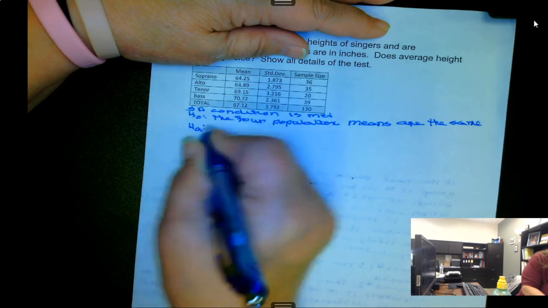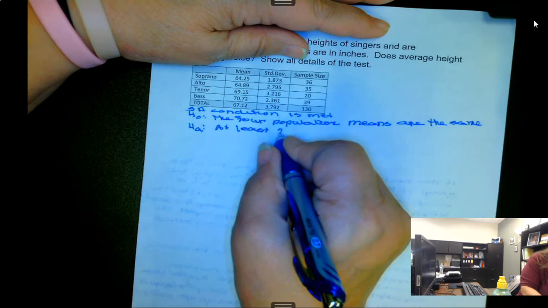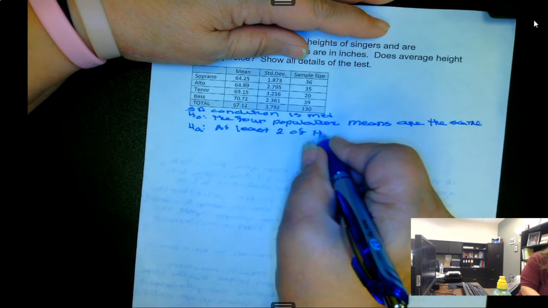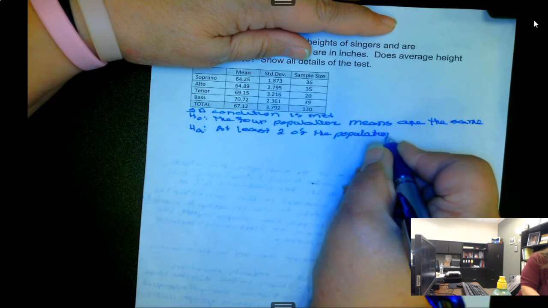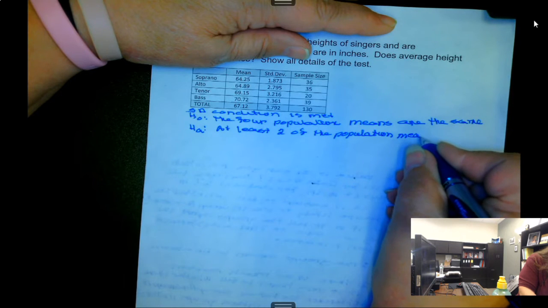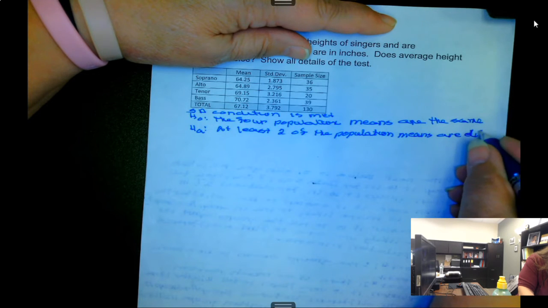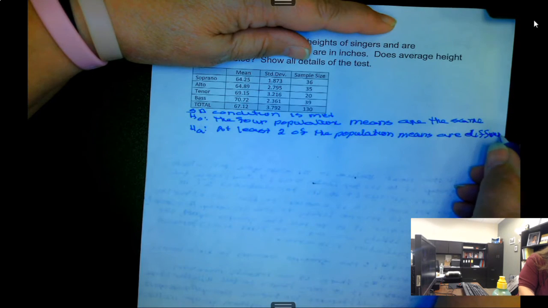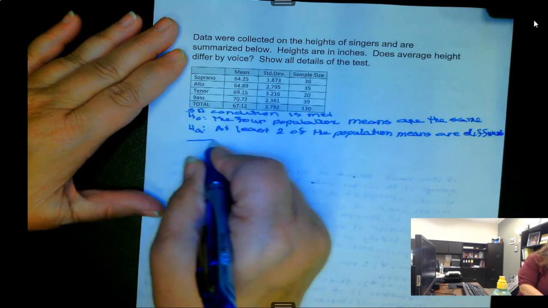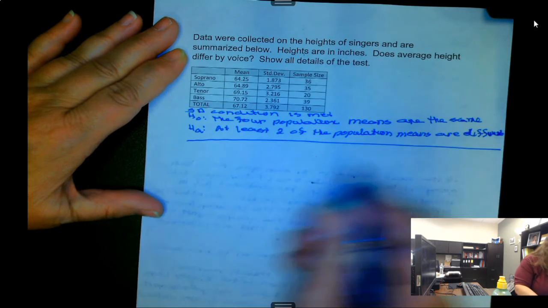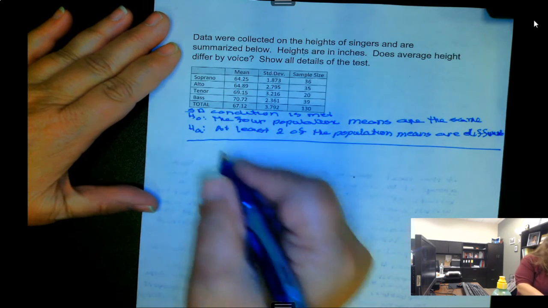And HA, at least 2 of the population means are different. So what we need to do is set up our table for the calculations. And we are going to use another new statistic, the F statistic.